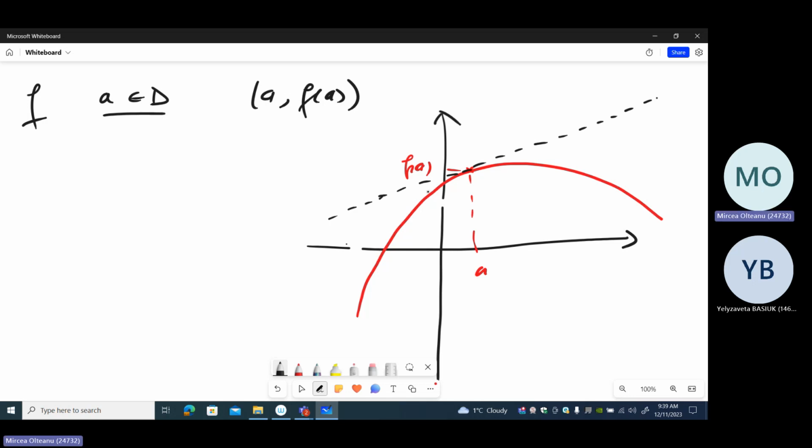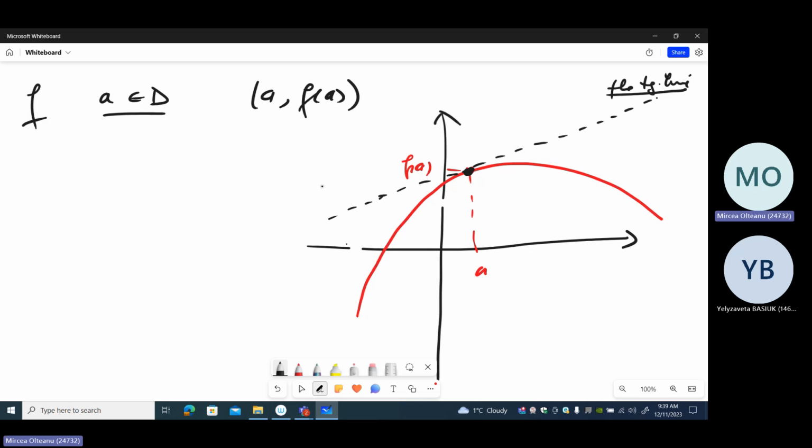Now, to know the equation of this straight line, the tangent line, we know a point already, and now we need another point. If we know another point, we can write the equation, because remember, if we know 2 points on a straight line, we have a formula.